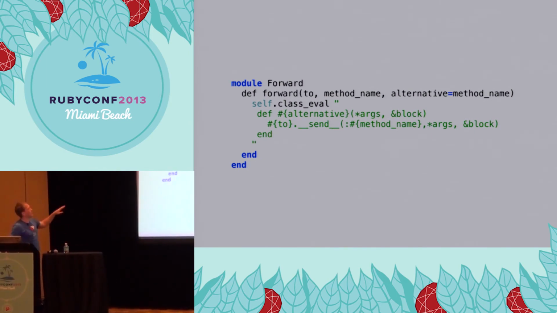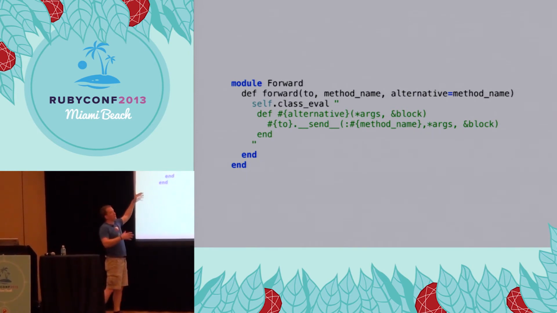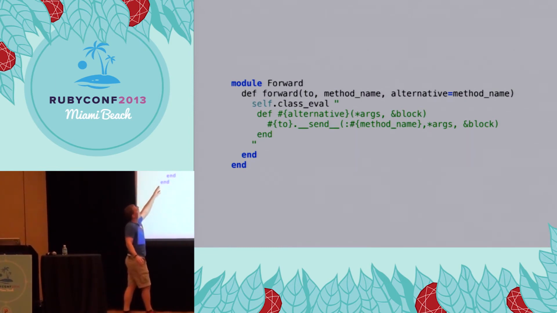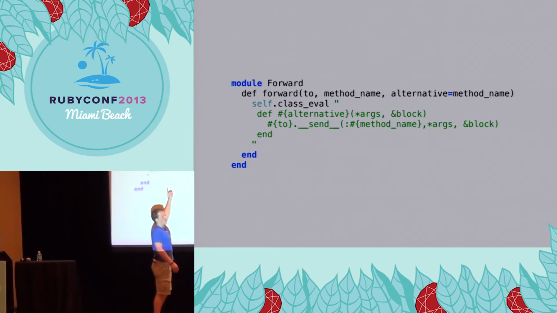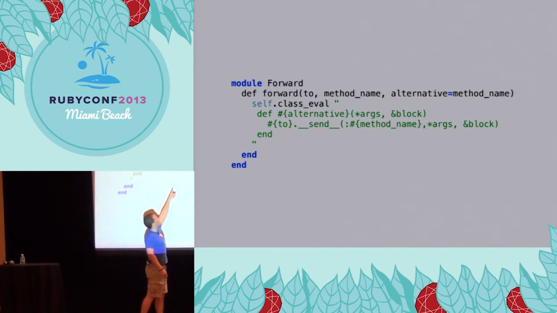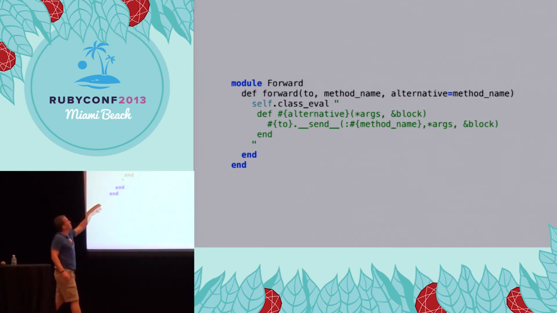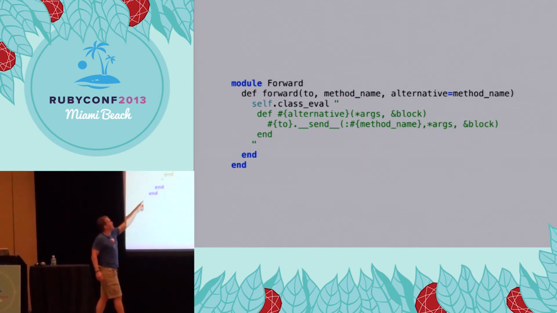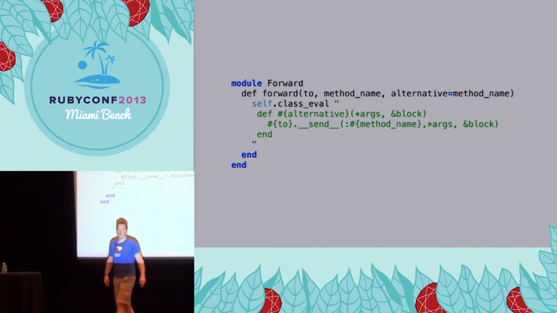And then what it does is it evaluates the code below in the context of the current class. So if you've extended the user class and you're going to forward to address, it'll say, all right, I'm going to define a method here, whatever alternative is. So if it's city, if I pass in city, it's going to define that, whatever args there are, and then it's going to take my reference, my address, and say, send it city, and pass along everything that comes with it.